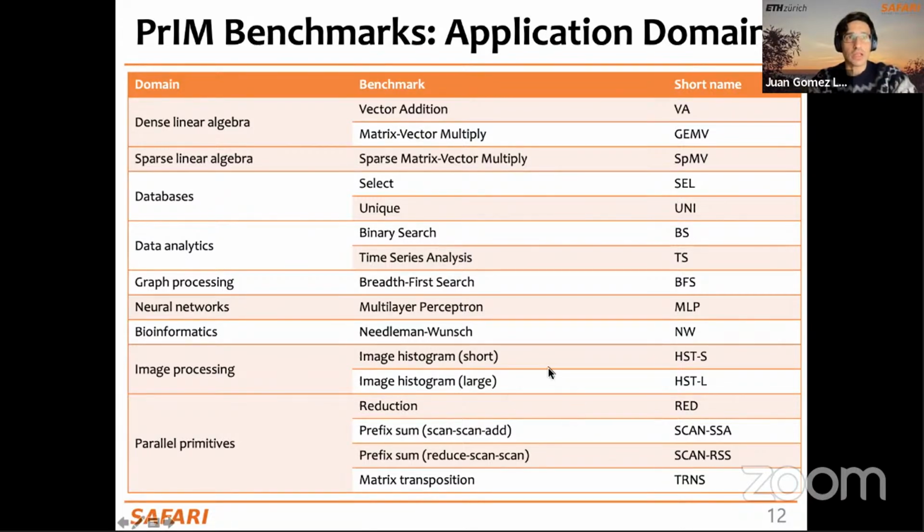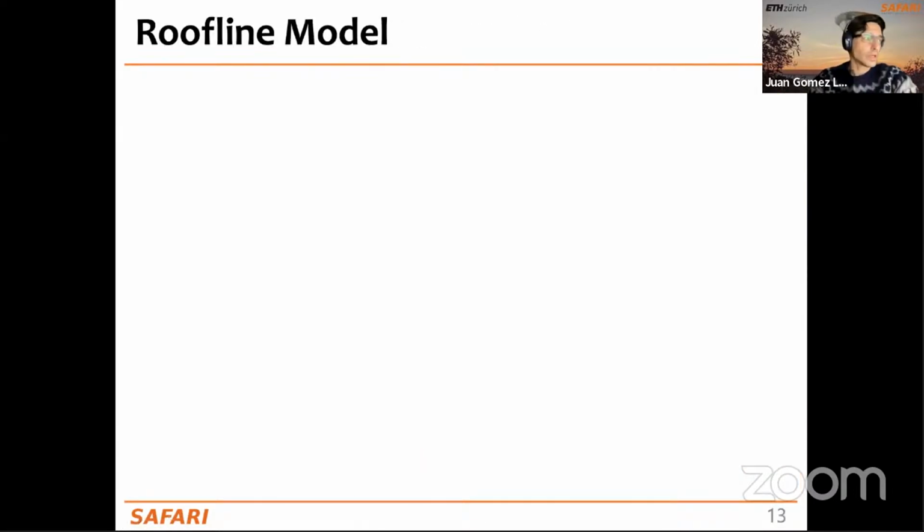And as I said as well, there are two workloads that have two benchmarks. One of them is image histogram. Depending on the size of the histogram, we will prefer to use one implementation or the other. And then we also have two different versions of the prefix sum primitive.